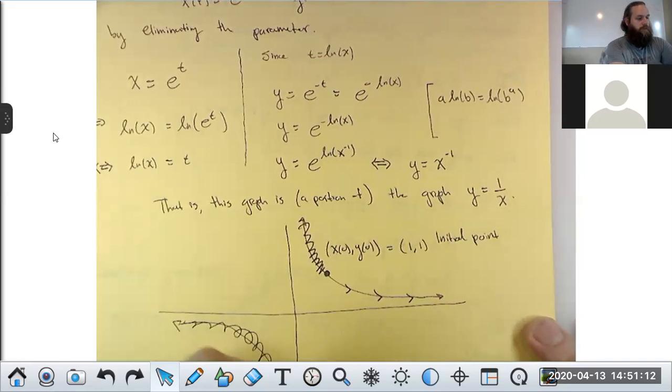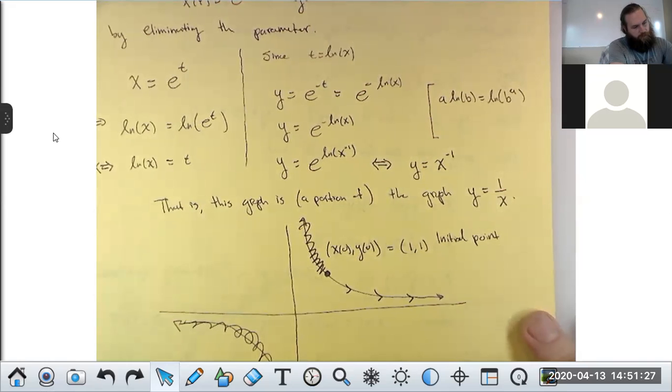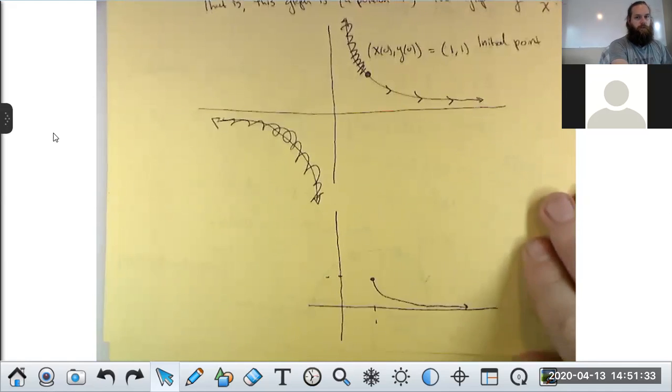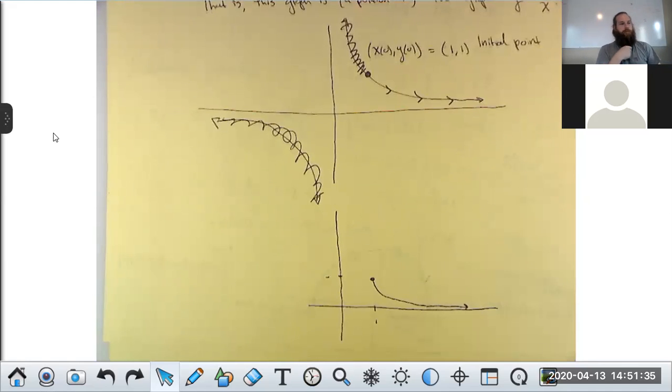If I was going to draw this curve really carefully, I would say, okay, here's one, and my graph looks just like this. This is the graph of that parametric curve. Just that portion.